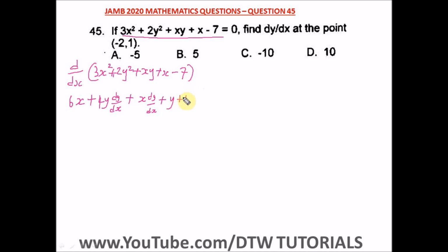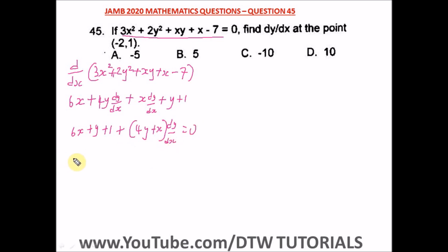So this is how we have it for our d/dx. Collecting like terms, we are left with 6x + y + 1 + (4y + x) dy/dx. So we just equate it to 0.